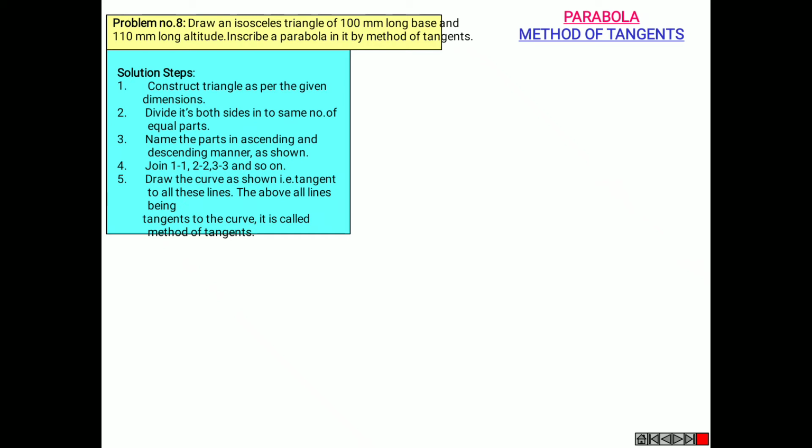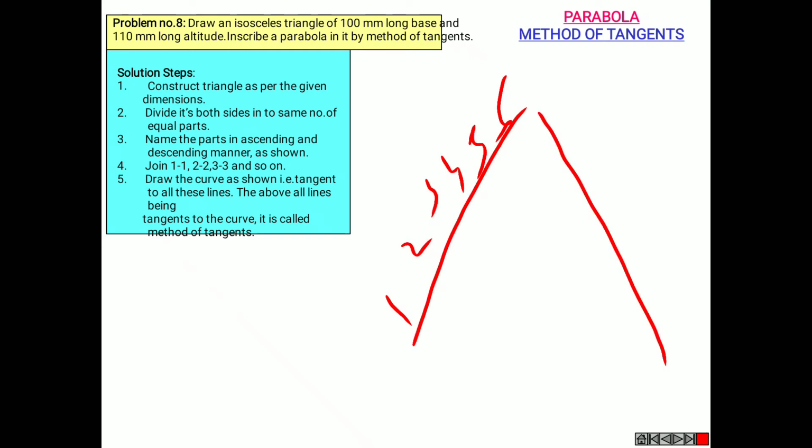If we are making 6 equal parts, we'll number 1 2 3 4 5 6 from C, which is ascending order, small to big, and on the next side we'll number in descending order from 6 5 4 3 2 1. So this is called naming the parts in ascending and descending manner.